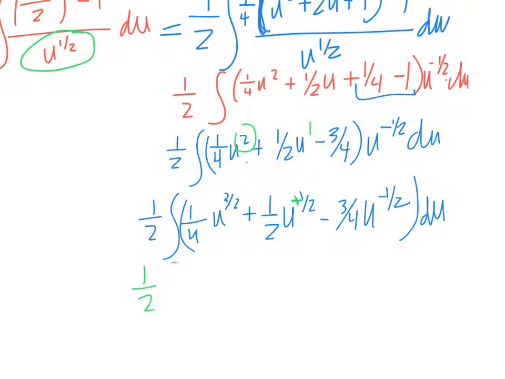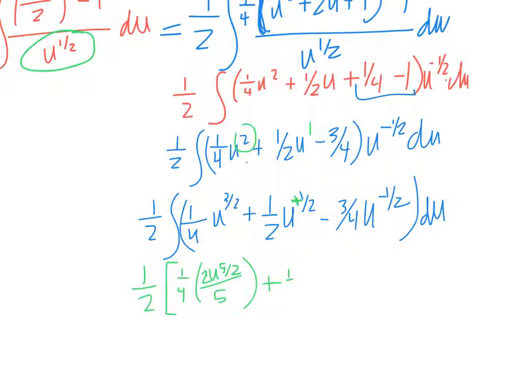Alright, so if I actually take the antiderivative of this, I'm going to leave the 1/2 out on the front. I have 1/4, and then this is going to become u to the 5/2, because I need to add 1 to it, and then it's going to be multiplied by 2/5, because it was originally divided by 5/2. So multiply by 2/5.